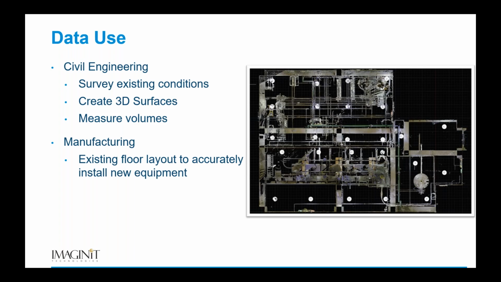What about taking an existing floor layout to accurately install new equipment? If we take a look at the image here, look at the equipment near the bottom of the screen. If I was to make that all disappear, either by hiding it or deleting it, I could bring in designed equipment and say, hey, is this going to fit in the space that we have from the other equipment?